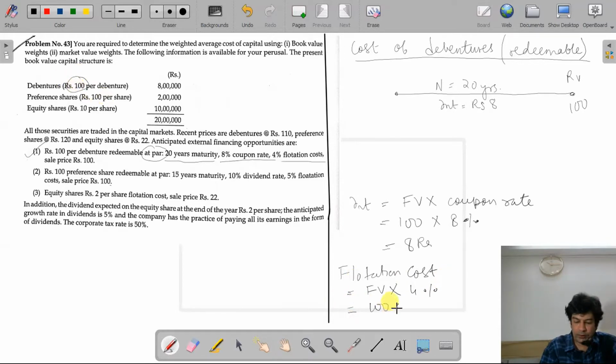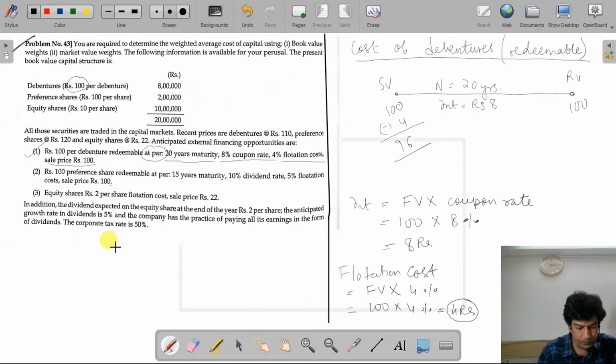So 100 into 4% is going to give me 4 rupees as my flotation cost. And the sale price is rupees 100. It means I have sold the debentures in the market and I have collected rupees 100. So the sale value is rupees 100, and out of this 100 I have to spend 4 rupees as my flotation cost. So in hand the net proceeds, that is the net amount which I am going to get, is 96 rupees.